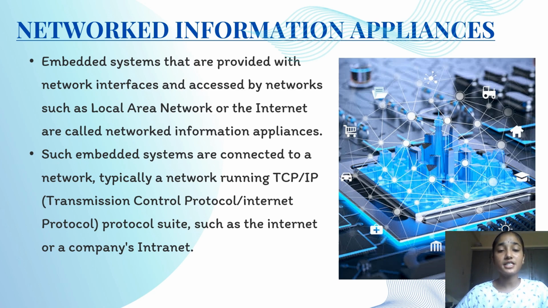Such embedded systems are connected to a network, typically a network running TCP/IP, which means Transmission Control Protocol and Internet Protocol, such as the internet or a company intranet. Next we move on.